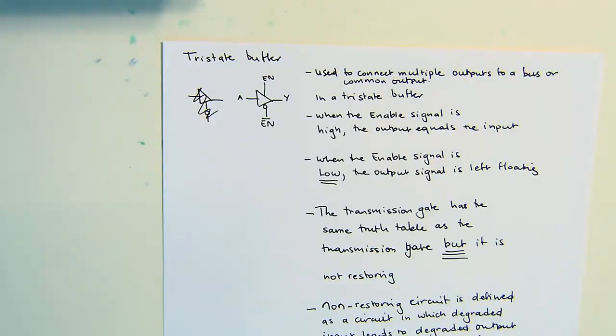So you have a data bus, a collection of lines or one line, and you want to be able to put a signal onto it. It's a mechanism by which multiple devices can communicate with each other across this line.